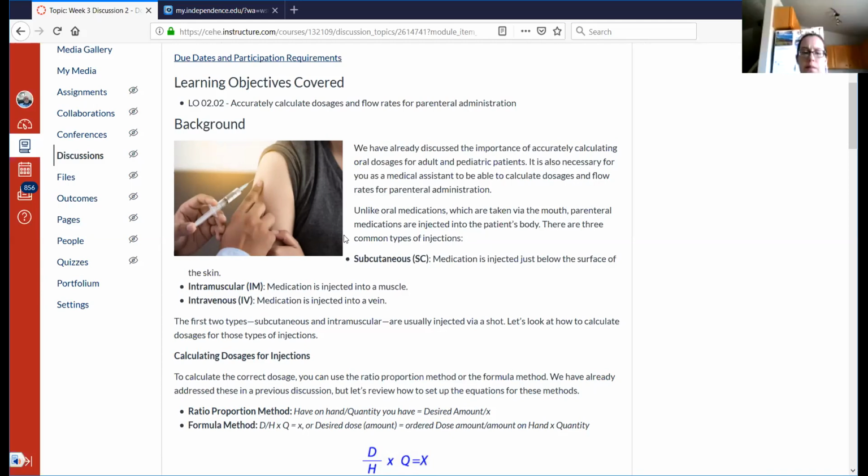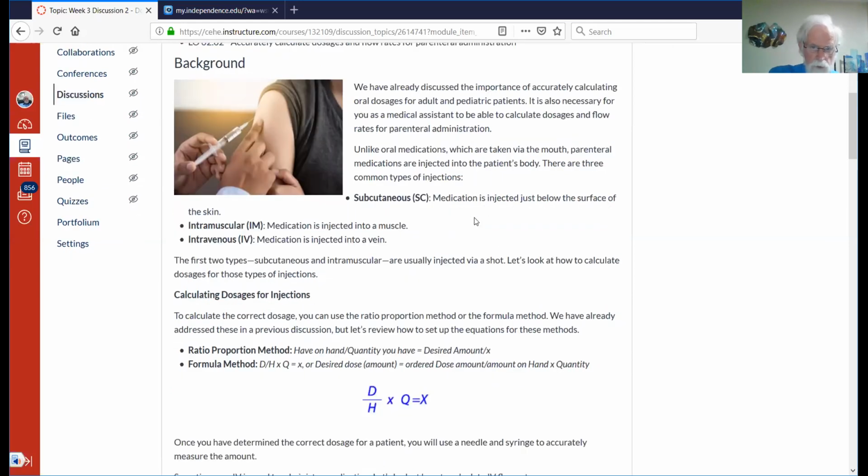Because if you don't set an IV correctly, it can cause enormous discomfort to the patient when you start pumping stuff into their tissues instead of into their veins. I've had a number of students tell me that that's happened to them, and they say it's very uncomfortable, very painful.